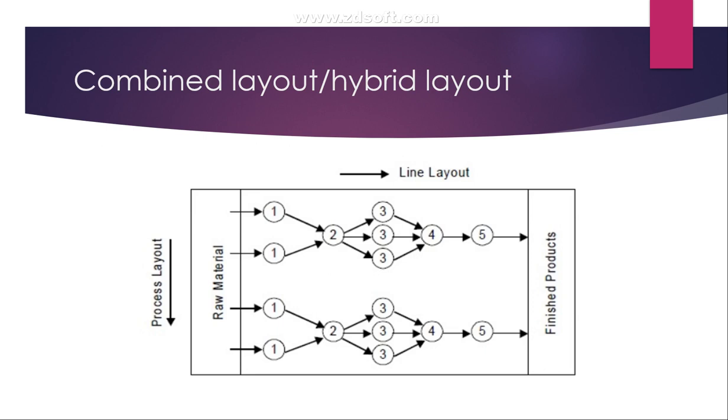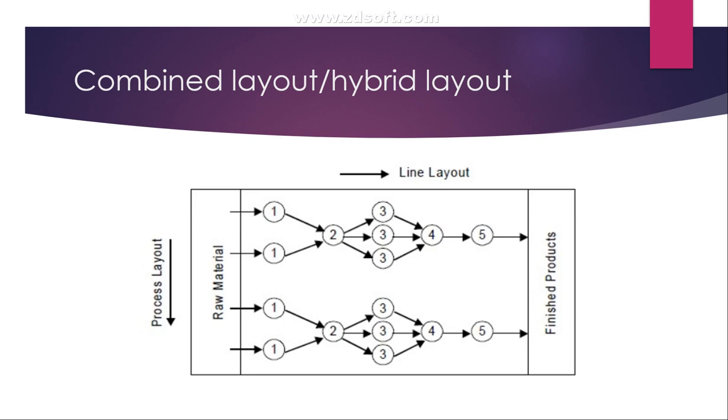If you look at number 1, we have 4 different workstations serving 2 different assembly lines, and at the third stage, we have 3 different workstations performing the same function.